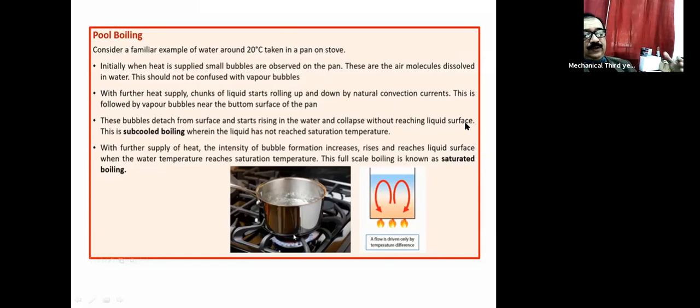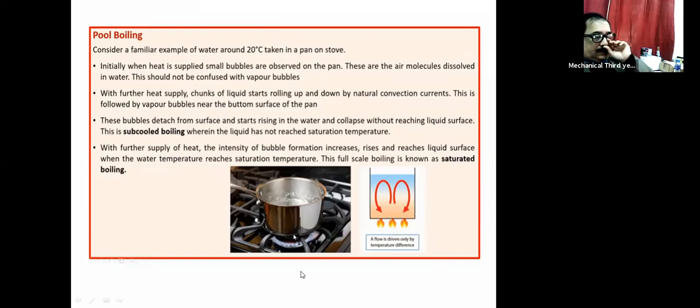Before it reaches the liquid surface, the bubble collapses, loses its existence, and mixes with the liquid. This is subcooled boiling, wherein the liquid has not reached the saturation temperature.